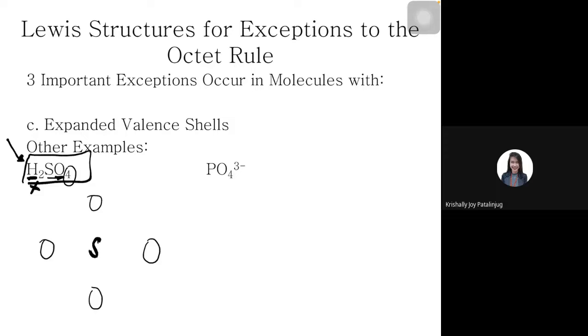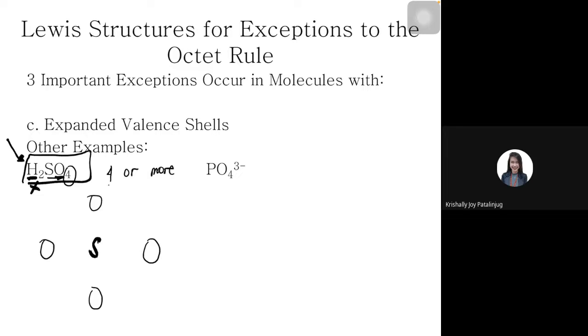Ensure na si oxygen is a surrounding here, surrounding ng central sulfur. And when you check the quantity ng surrounding electronegative atom, comparing to hydrogen, it is 4 or more.